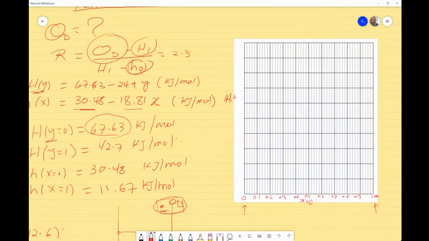Sorry for this one. This is going to be 140, 120, and here maybe 100, and here 80s, 60. This one is not going to be enough, so I have to.